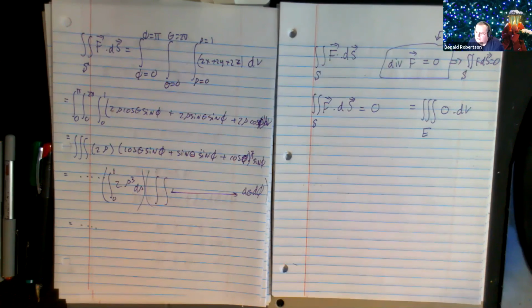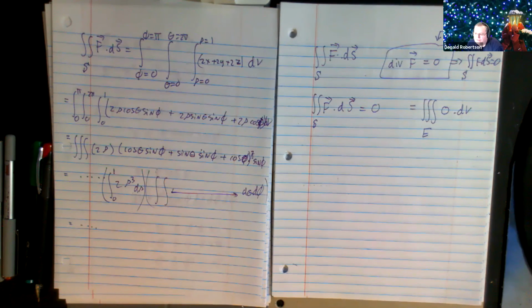Does it work the other way? If the flux is 0, does that guarantee that the divergence is 0? Or could you get a flux of 0 from a vector field that didn't have the property that its divergence was 0? I don't know the answer to that question, but it's a thought.